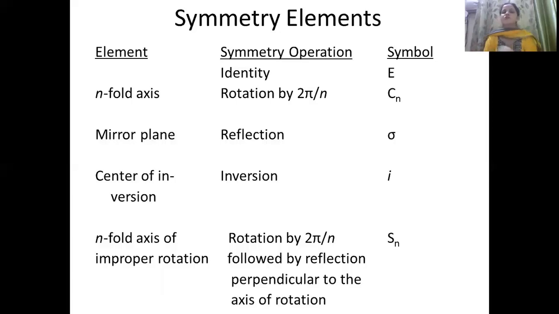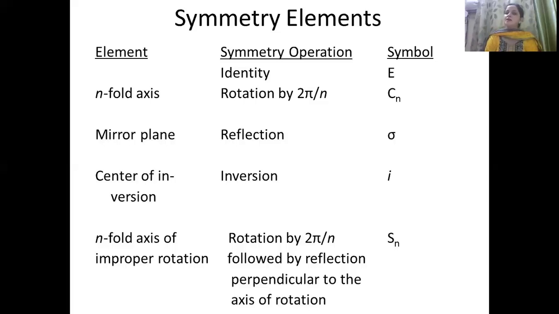The last symmetry element that is possible in the molecule is the n-fold improper rotation axis. In this case, the symmetry operation is rotation followed by reflection perpendicular to the axis of rotation. It is symbolized by Sn.